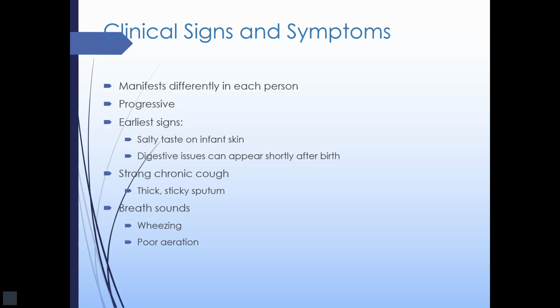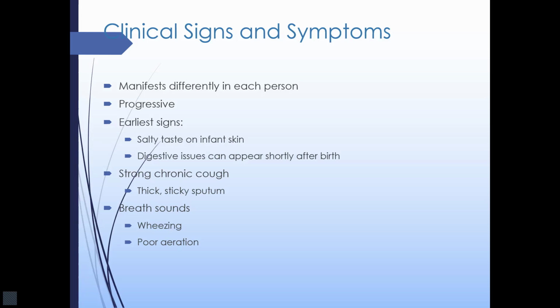Cystic fibrosis is progressive. So these are patients that have a chronic cough, chronic sinusitis, chronic issues that just are not taken care of by conventional medicine. Even back in the 1800s, it was reported that there were babies that had the salt kiss curse.